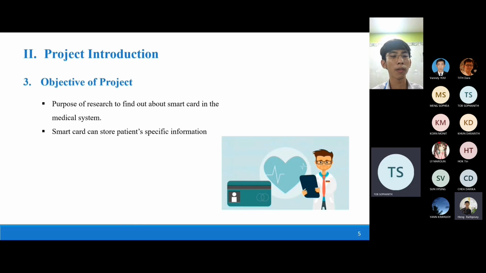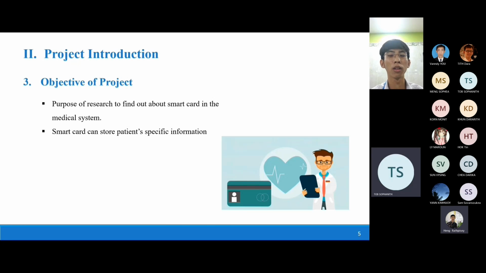The third, objective of the project. The purpose of my research is to find out about smart card tools that are easy to use for multiple functional users in the medical system. It can store patient-specific information, which is a central part of the medical system.